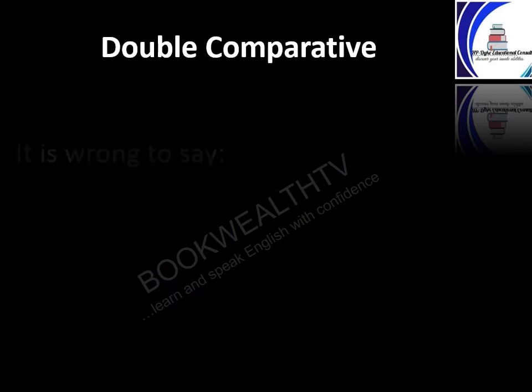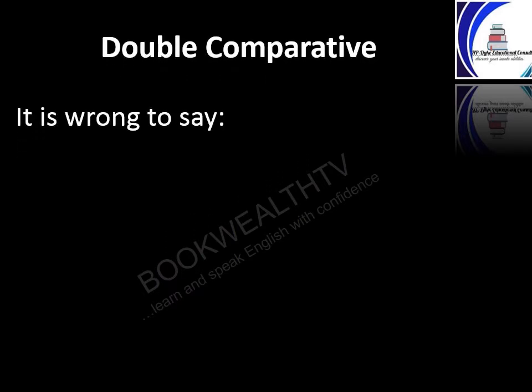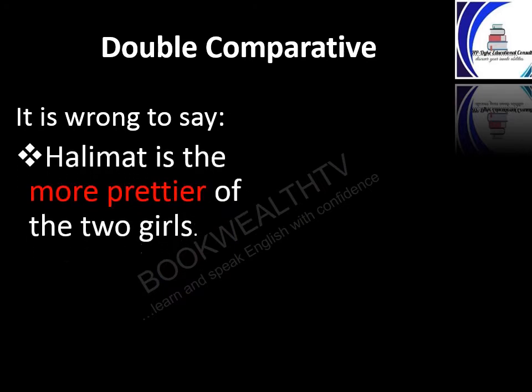Double comparative. It is wrong to say Halimat is the more prettier of the two girls. This expression is wrong. Why? Remember that in the table of irregular adjectives, more is the comparative form of both many and much. Prettier is also a comparative form.